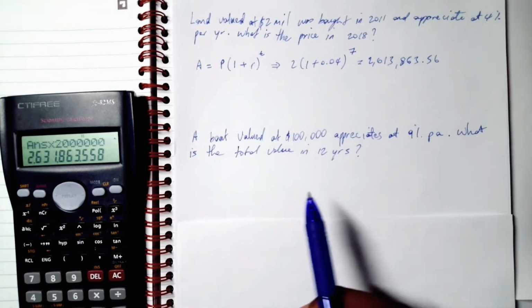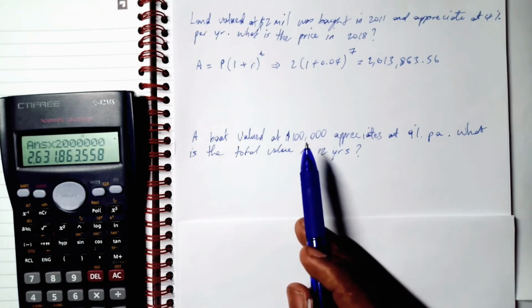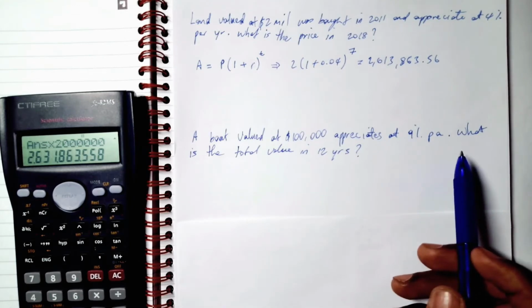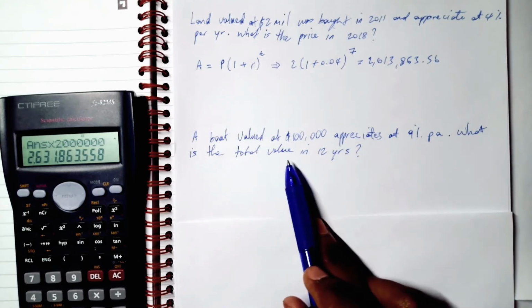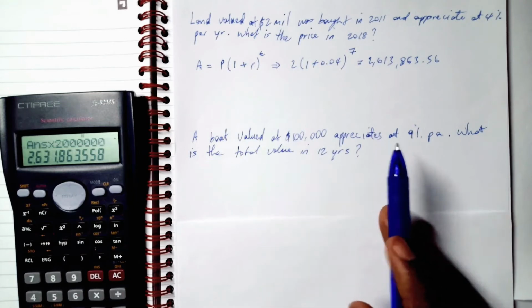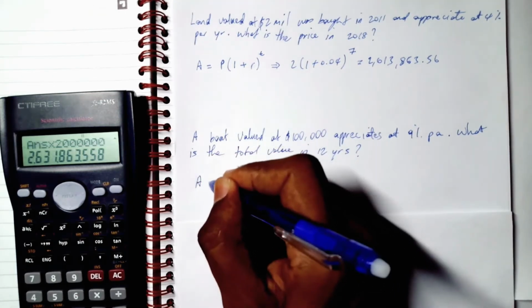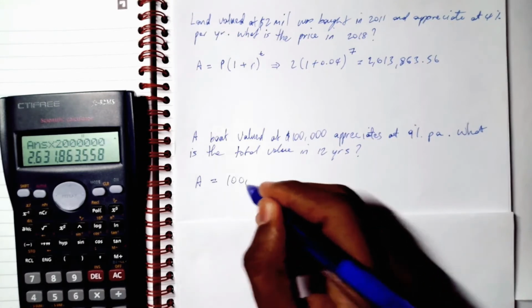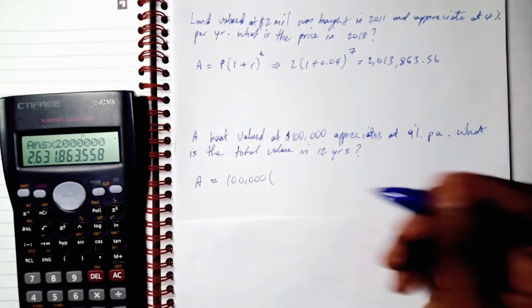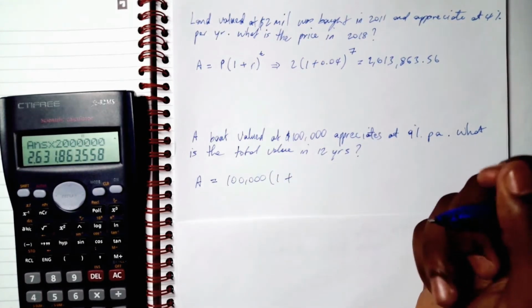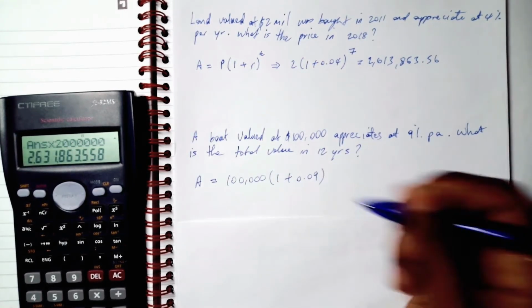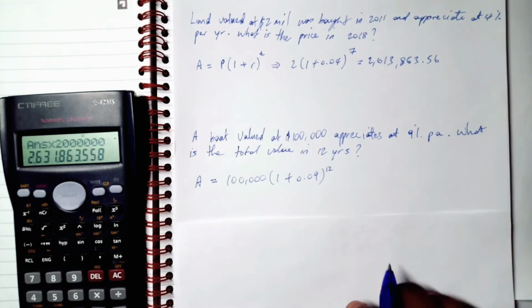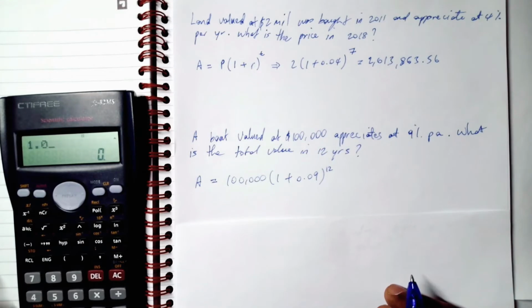Similarly, a boat valued at $100,000 appreciates at 9% per annum. What is the total value in 9 years? Same setup. Very easy if you ask me. It's going to be 100,000 multiplied by 1 plus 0.09 raised to the power of 9. Do this in our calculator.